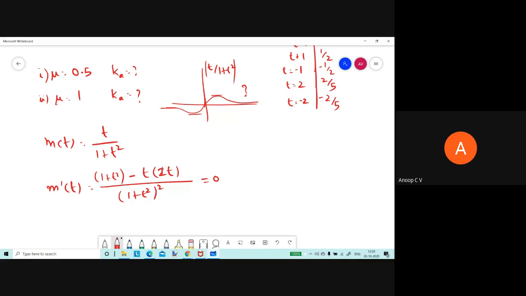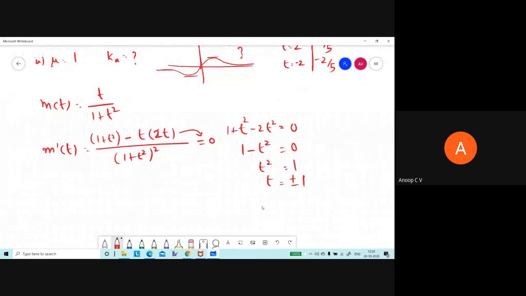I can equate the numerator to 0. That is 1 plus t square minus 2t square equal to 0, which implies 1 minus t square is equal to 0. So t square is equal to 1, t is equal to plus or minus 1. So for t equal to plus or minus 1, you will get maxima and minima.